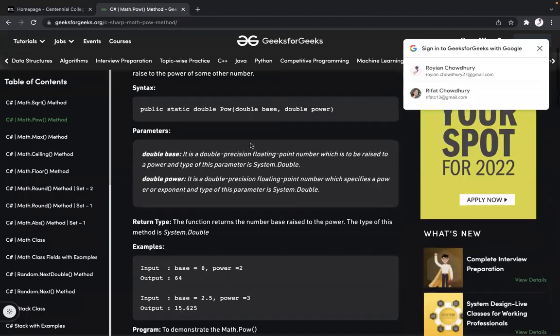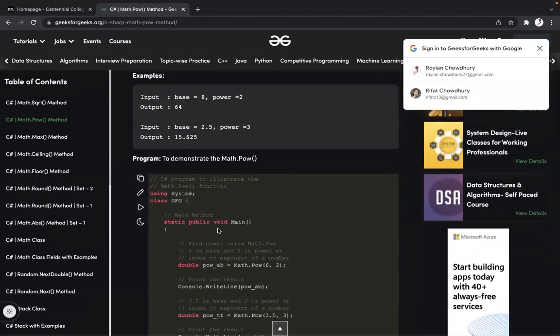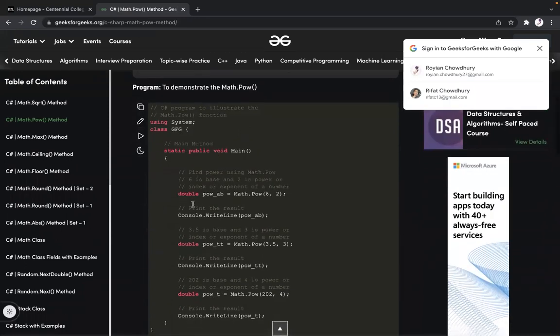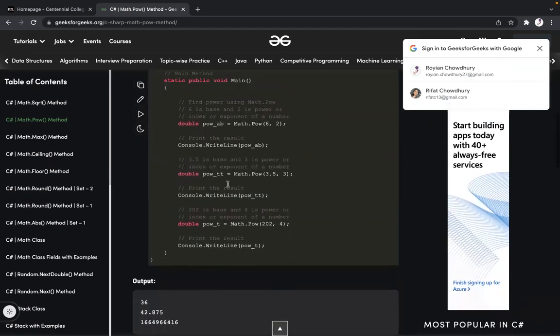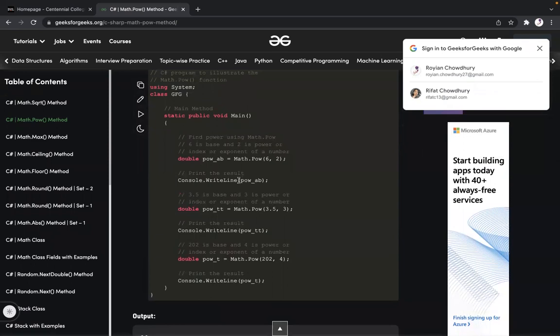Okay, I think this is a better syntax. I think this would work. Double power underscore AB. But we have to mention what the base is as well in this one, I think.